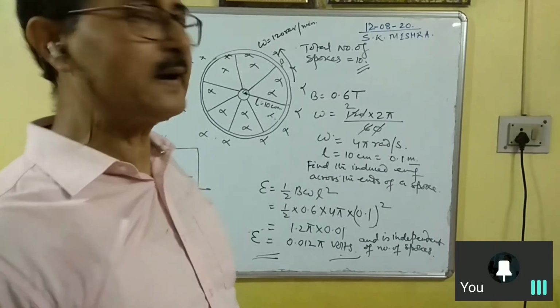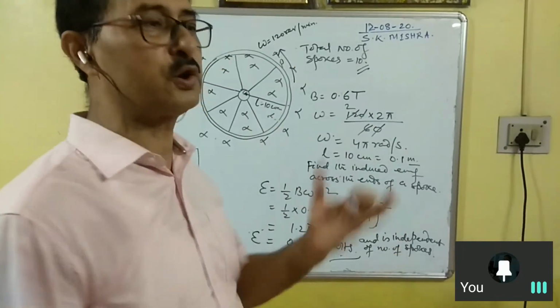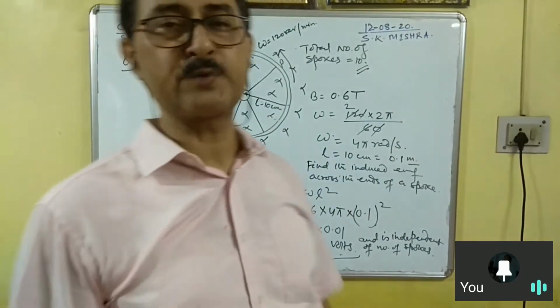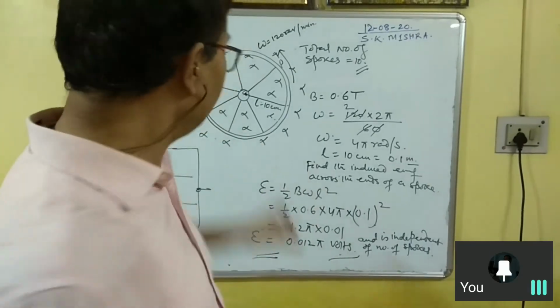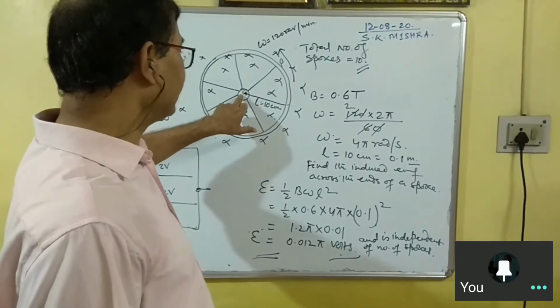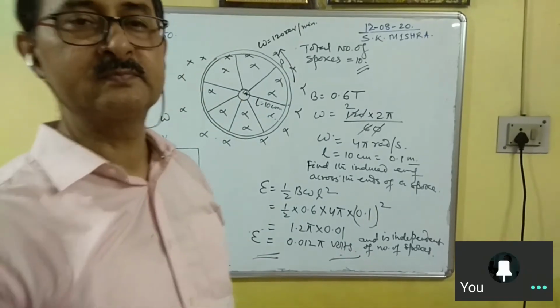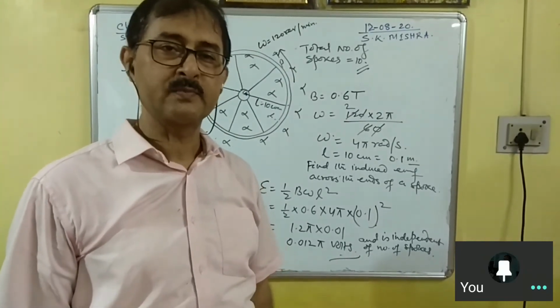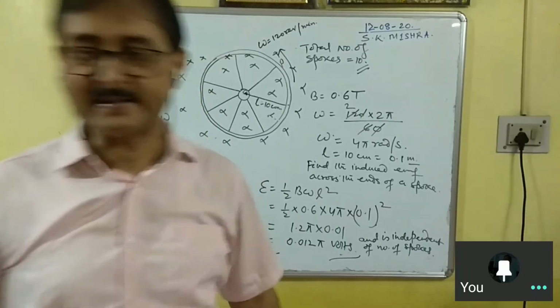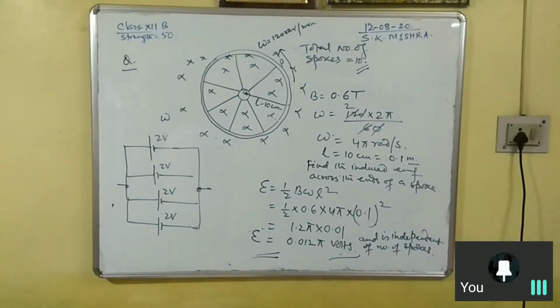It doesn't matter whether you are connecting 100 spokes or 10 spokes or 1 spoke. The net induced EMF between the points, that is axle and the ring, is always this much volts. Am I clear to you? Yeah? Take the snapshot.